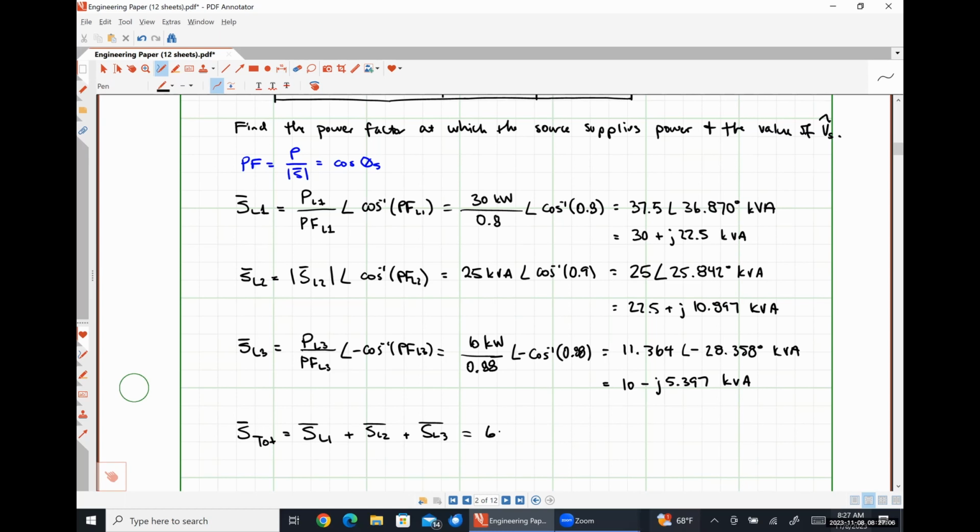And I get 68.485 with an angle of 24.132 degrees kilovolt amperes in polar form, or 62.5 plus j28 kVA in rectangular form.